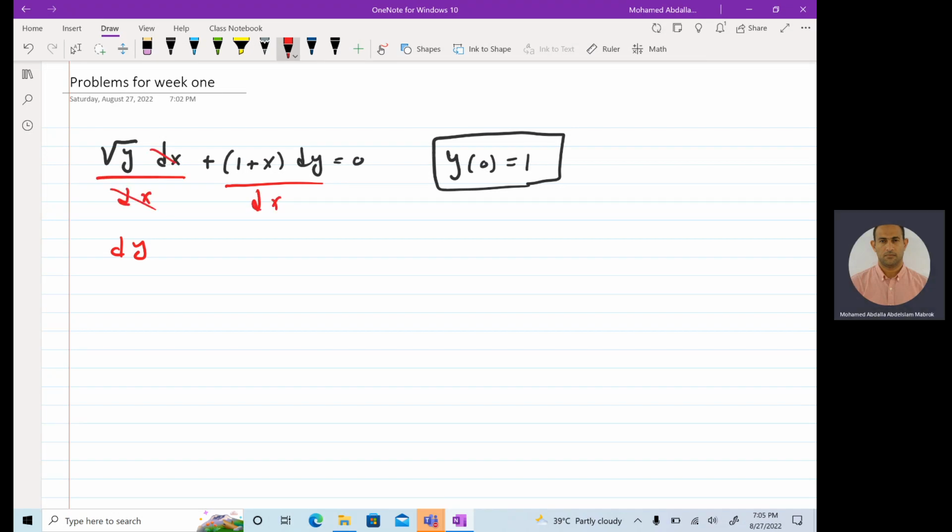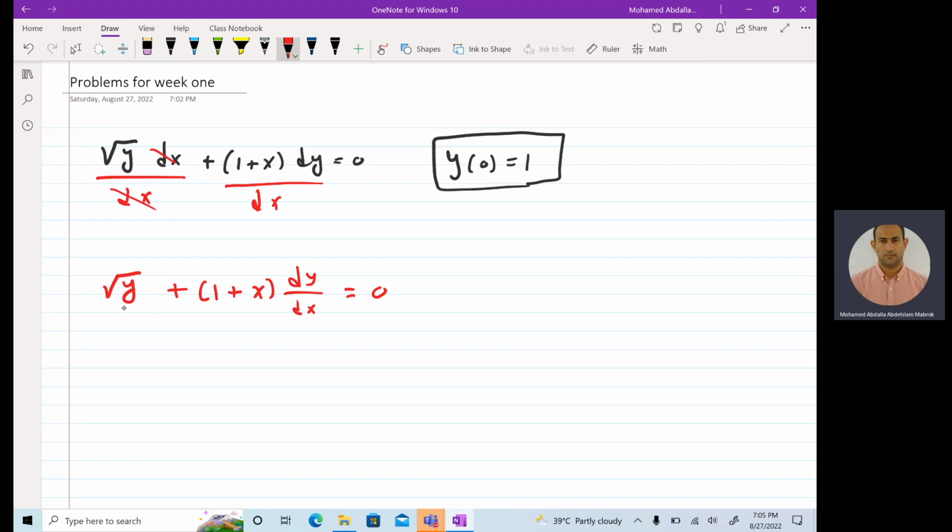So this dx will go with this dx, and we'll have square root of y plus 1 plus x times dy by dx equals 0.